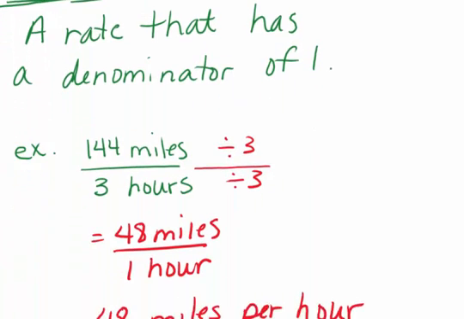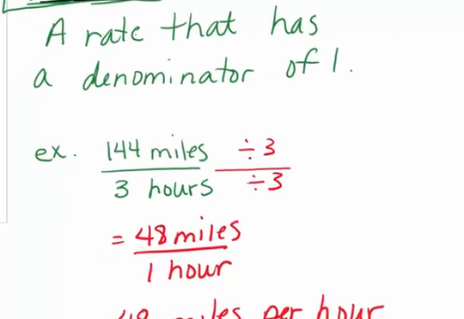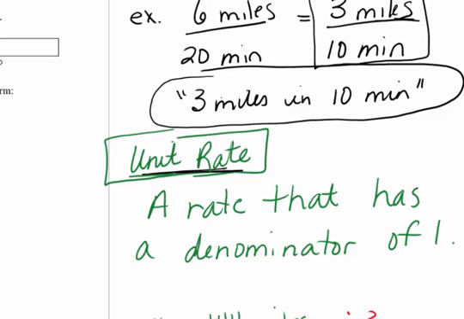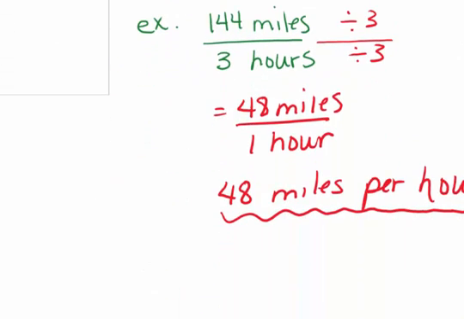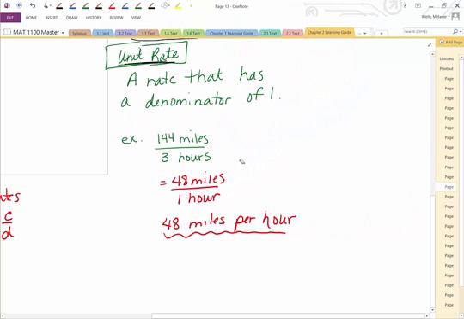Then we had the definition of a unit rate. Now a unit rate is a rate, so it carries the same definition of what you just saw, two different units. However, the denominator is 1. So if I started out, let me show you on this one, with 144 miles in 3 hours, and I was asked to find the unit rate, then if I want this denominator that's right now 3 to be 1, I need to divide it by 3.